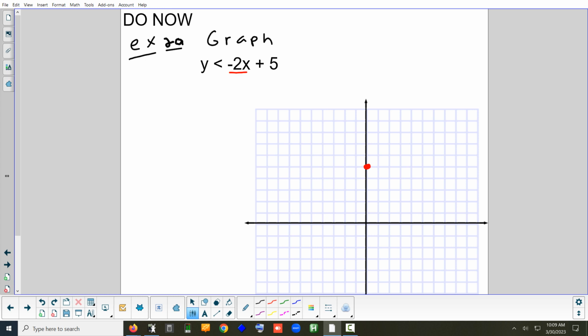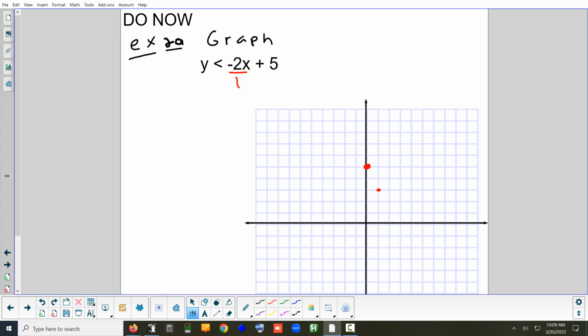So what could I put in the bottom that would make that a fraction? 1. Now we can use these two numbers as directions, almost like a set of stairs. Can anybody tell me, using the slope, where am I going to go from this point to get another point? Down 2 over 1. Down 2, right 1. So we're going to go down 2, right 1.